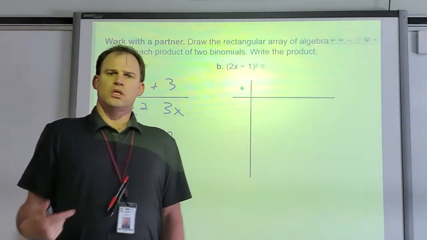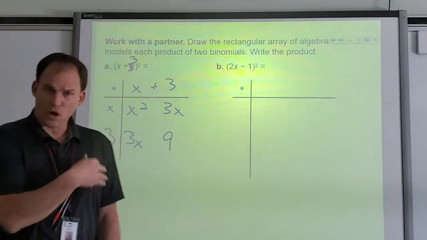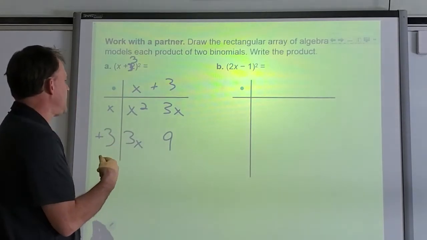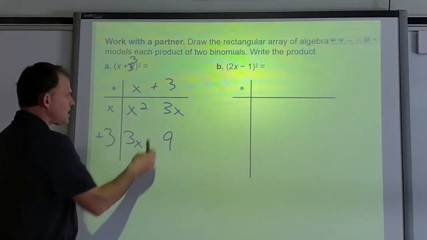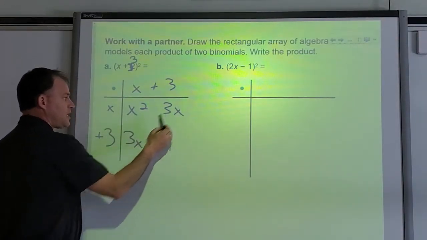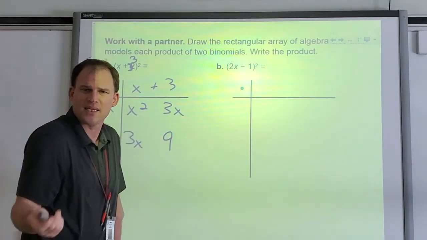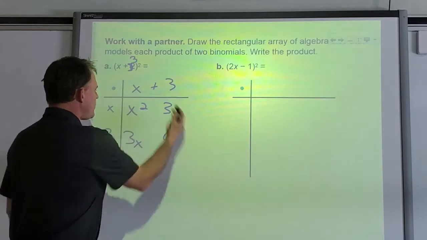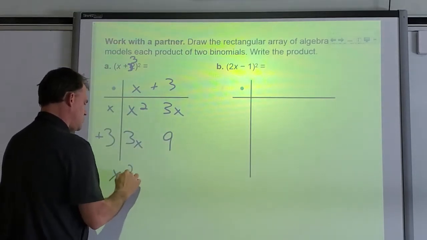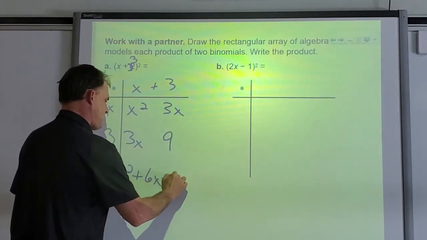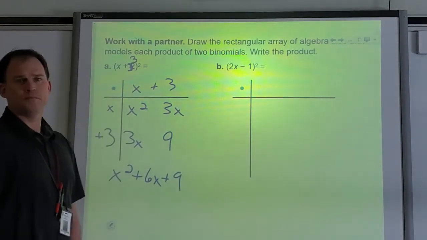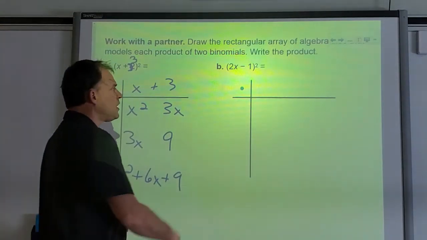So if I look closely at these parts, when I do this table method, I see that I've got the exact same thing here. And it happens twice, right? So if I would combine like terms and write the answer, that's what we get. Okay?